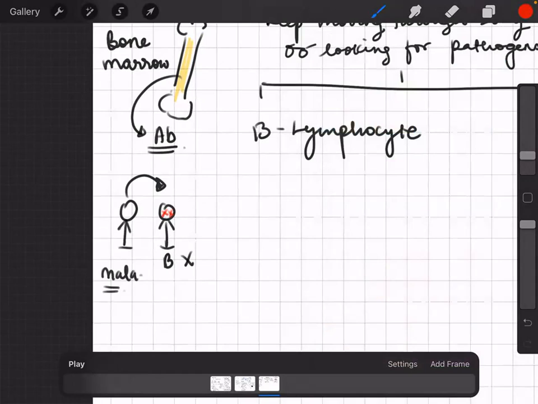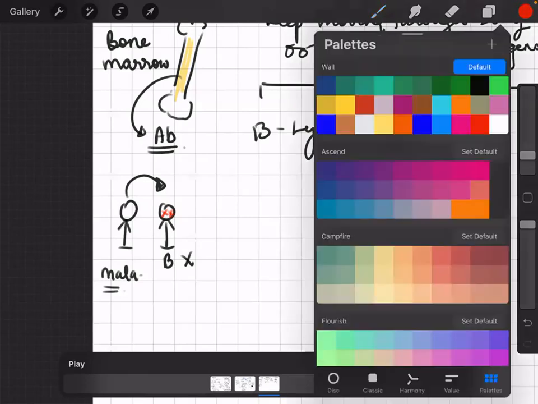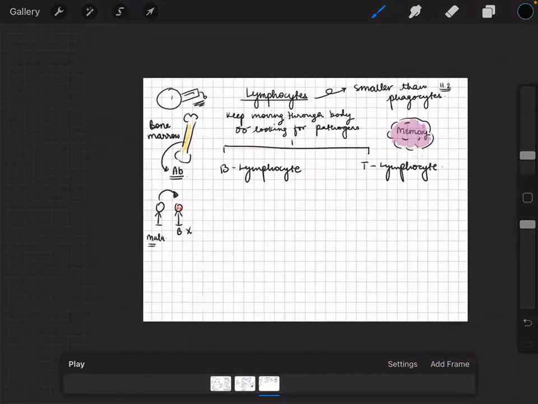And therefore, it becomes very important for us to remember that while having memory of a particular disease is good for you, when you're donating your blood or your bone marrow, you have to be very cautious and remember that you had this disease and declare it to the doctor so that they can consider whether you are a good donor or not.